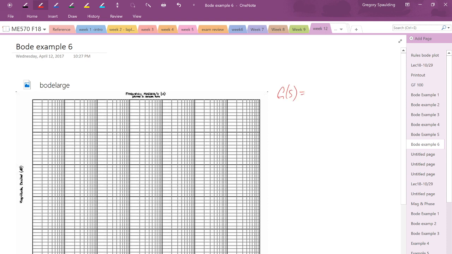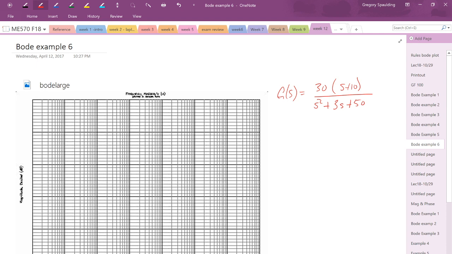Let's imagine a G of s: 30 times (s plus 10), over s squared plus 3s plus 50. Now look at this.